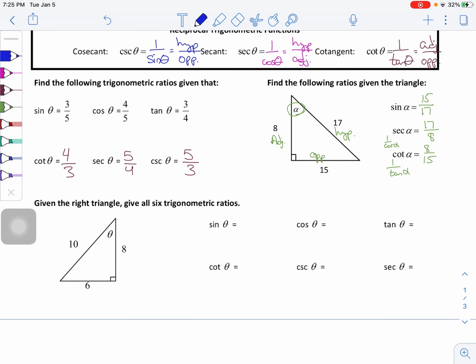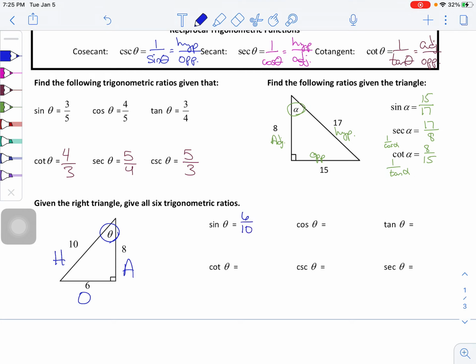Okay, so last problem in this video, and then I'll do page 2 in a separate video. We have this reference angle of theta. I'm going to quickly label out my picture. So we've got the hypotenuse, we've got opposite, and we've got adjacent. And we're asked to find all 6 of the trig ratios. I know sine is opposite over hypotenuse, so 6/10.